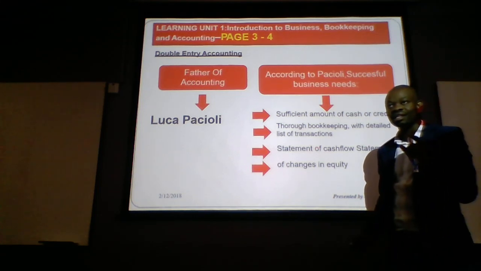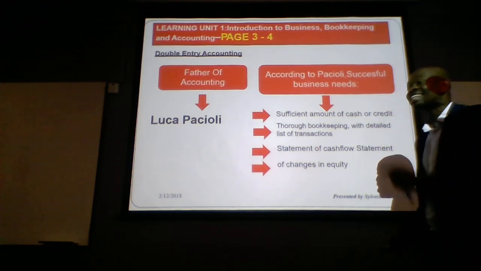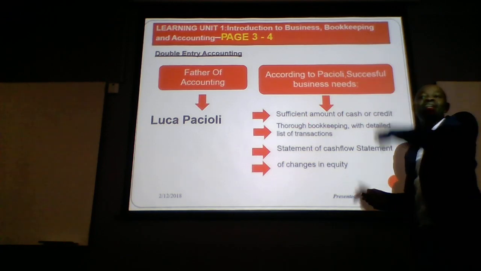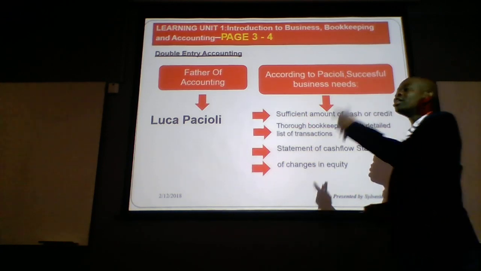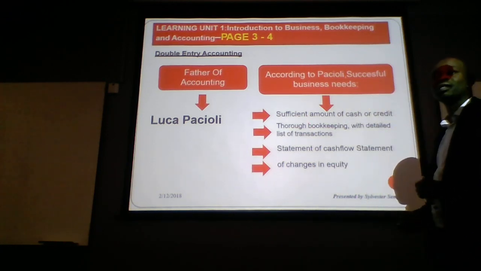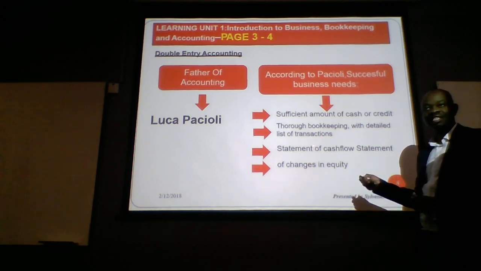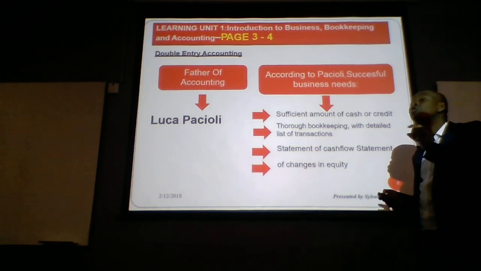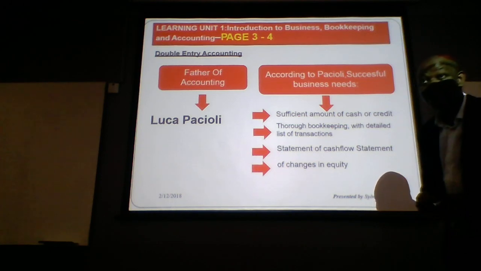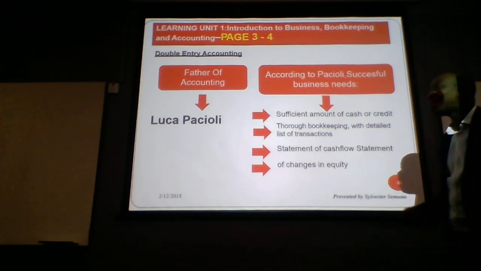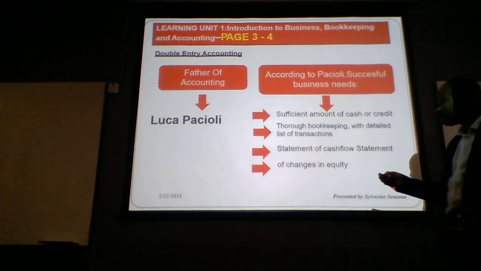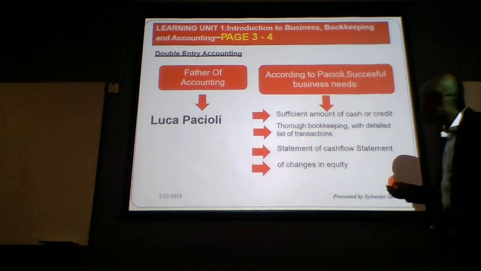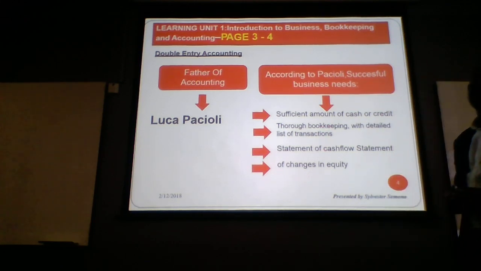Without a transaction, there is no accounting. A transaction is a financial activity. Like for example, during break you go to the canteen, you buy a cold drink. What is that? A transaction. So these transactions need to be summarized by the bookkeeper, by the accountant. It means bookkeeping is very much important because we are trying to summarize the transactions.